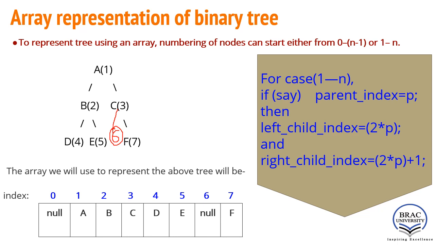Now my question is, this is a general rule for when the index of the parent is given, then what are the left child index and right child index. But if I ask you about the parent index, that is, you are given an index I, which is a child index, either left child or right child, I cannot mention which.